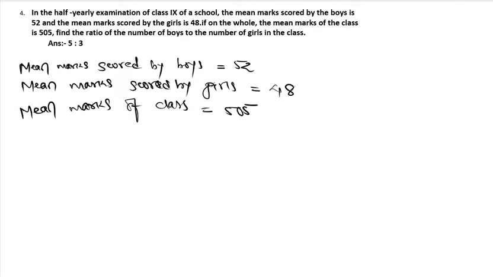We just know their mean marks, and we know the mean marks of the whole class. Find the ratio of number of boys to the number of girls. So we have to find number of boys is to number of girls, their ratio, right? So let's see how to do it.